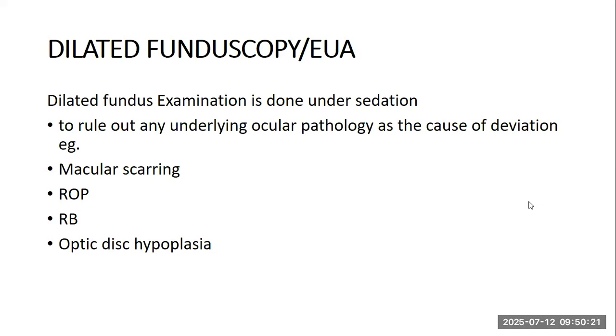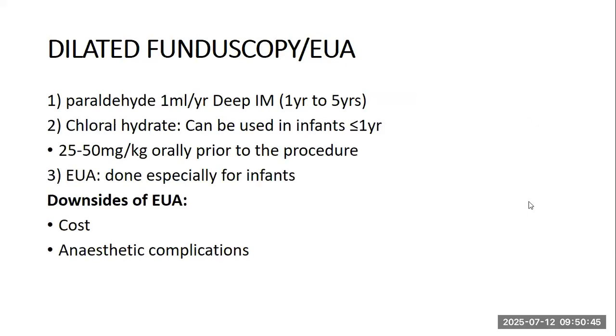You want to check if the child has retinopathy of prematurity, in which there are scars in the retina that have pulled the macula away from its position, and then the angle of kappa is deviated, and you're having strabismus. So it's important to examine the back of the eye to see if there's any lesion at the back of the eye resulting in this strabismus.